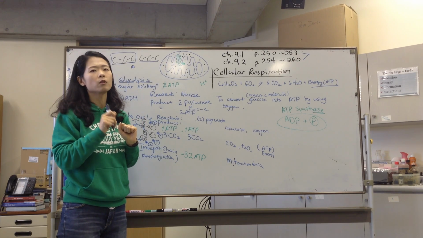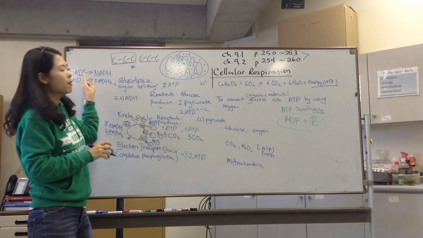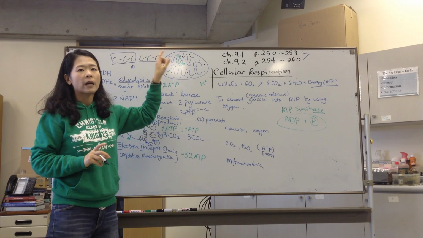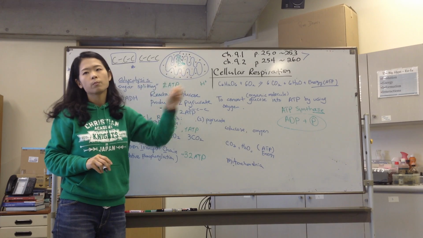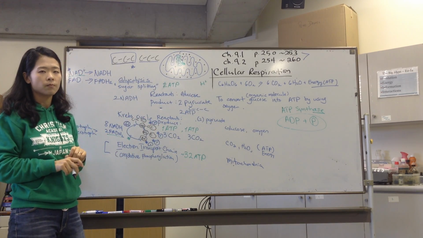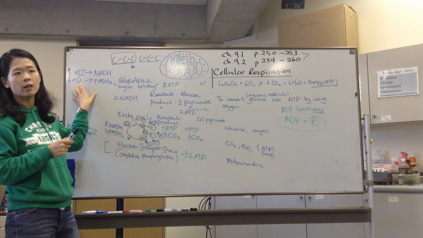What's going to signal them to keep pumping is the arrival of electrons at the chain. The arrival of electrons to the chain signals them to pump protons. All right? Now, who's going to bring the electrons? The carriers, these carriers, right?